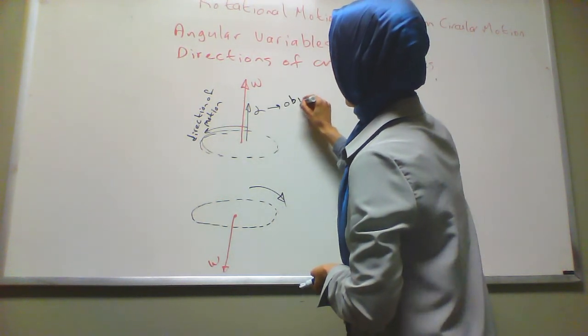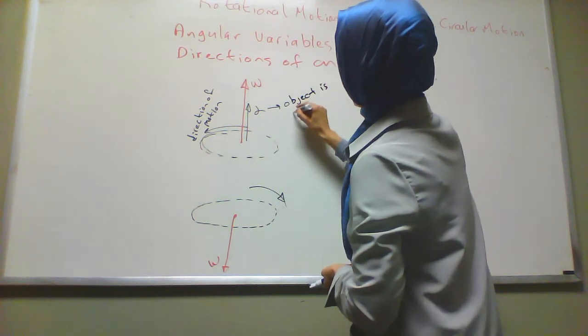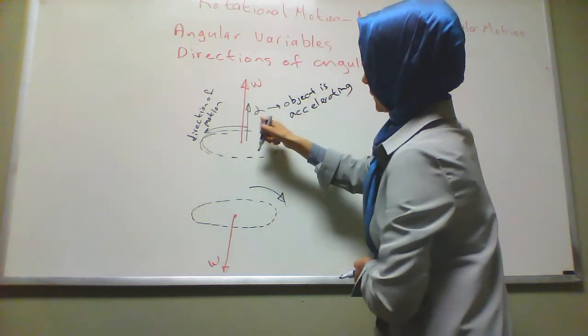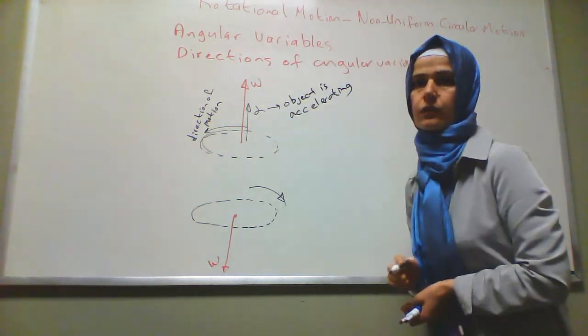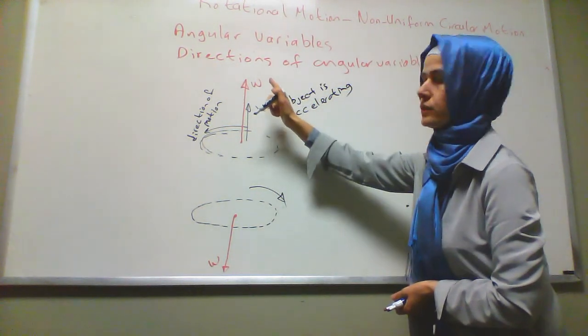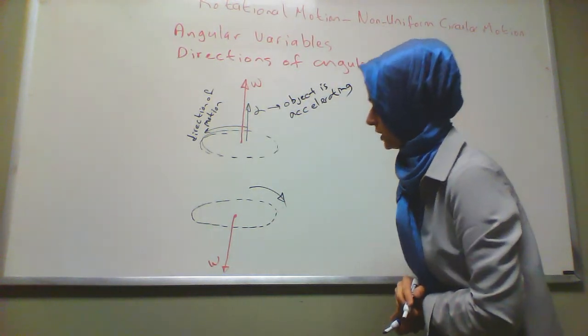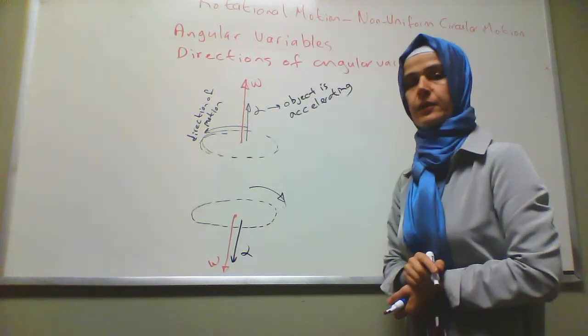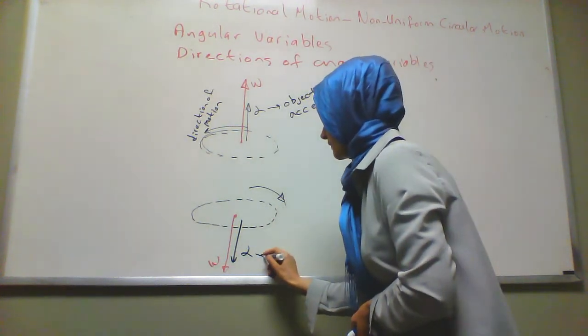So the object is accelerating, let's say in here. Alpha will be in the same direction as omega, since the object is accelerating.